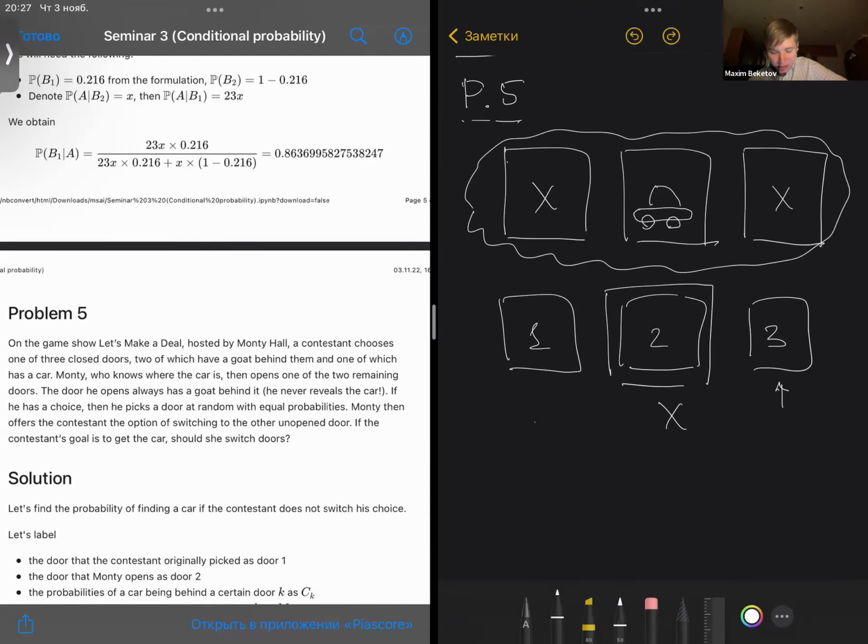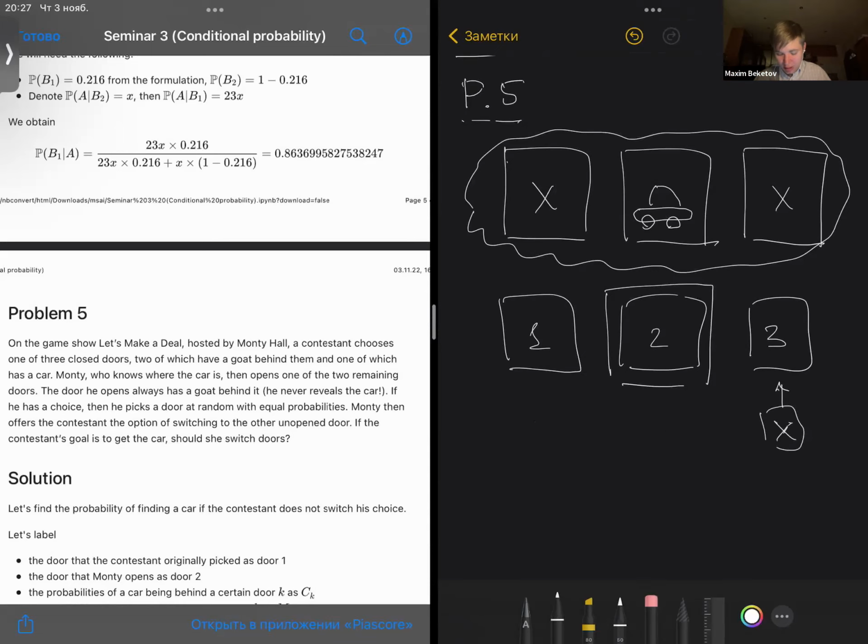And Monty, the host of the show, he knows where the prize is. So even if you've chosen the wrong door, he opens another door and he says, okay, so there is no prize behind the third door, the one that you haven't chosen, right?